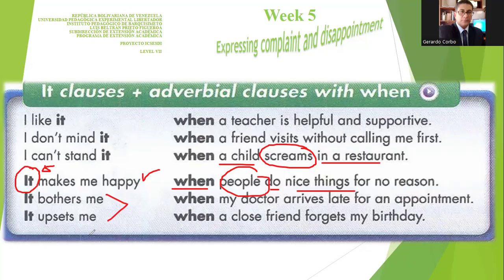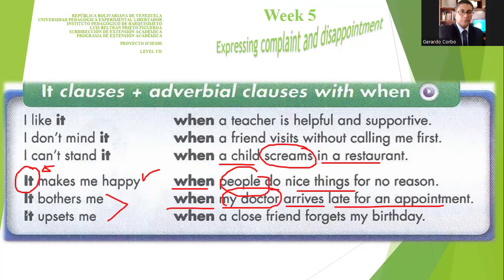It is that you don't like that. All right. It's negative. It makes me angry. It makes me upset. Okay. So it bothers me when my doctor arrives late for an appointment. So once again, the connector, once again, the subject, the verb in present, and the complement.